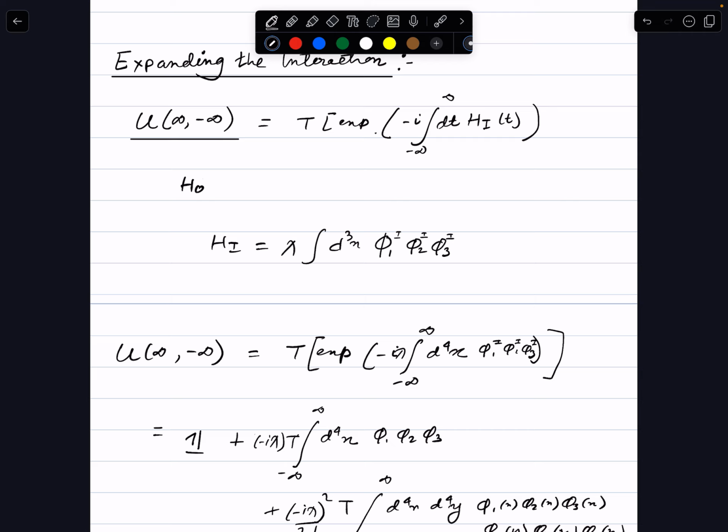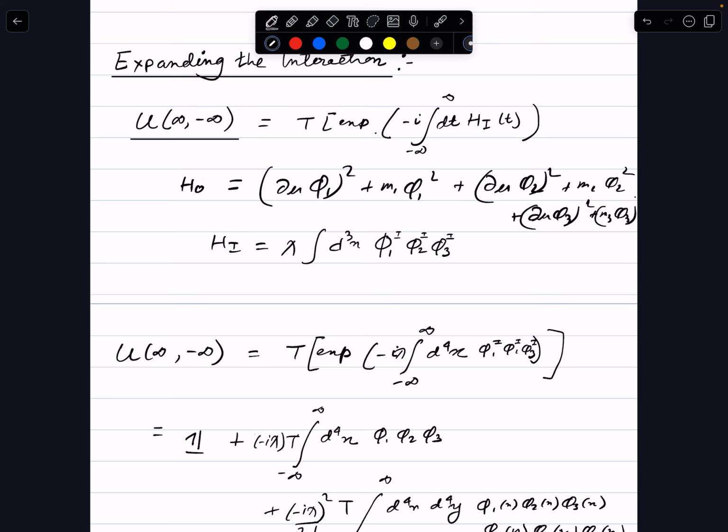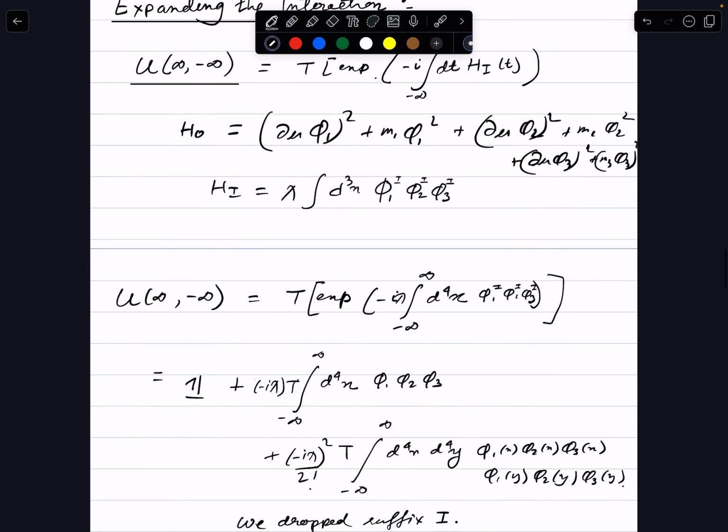So the free part would be something like del mu phi 1 square minus m1 phi 1 square plus del mu phi 2 square plus m2 phi 2 square plus del mu phi 3 square plus m3 phi 3 square. 3 different fields, and the interaction is something that couples 3 fields together. So phi 1, phi 2, phi 3, and because it's in the interaction picture, I've written I here.